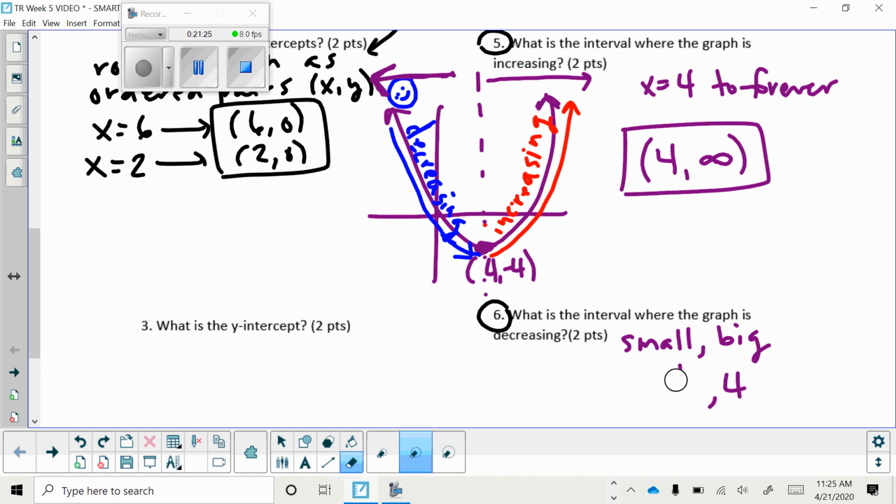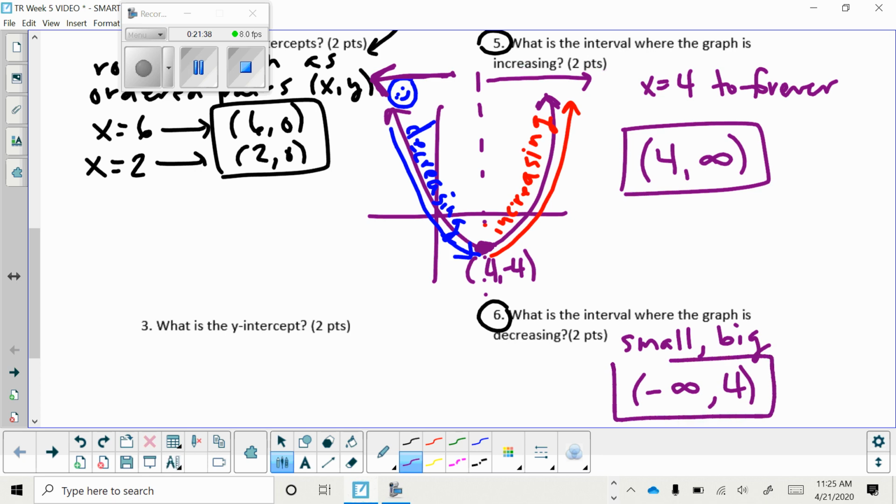So if it doesn't ever stop and it goes out to the left forever, what do we call that? We call that negative infinity. So from negative infinity to 4, the graph is decreasing. Or you could say from negative infinity to 4, your roller coaster is going down. And from 4 to positive infinity, your roller coaster is going up.